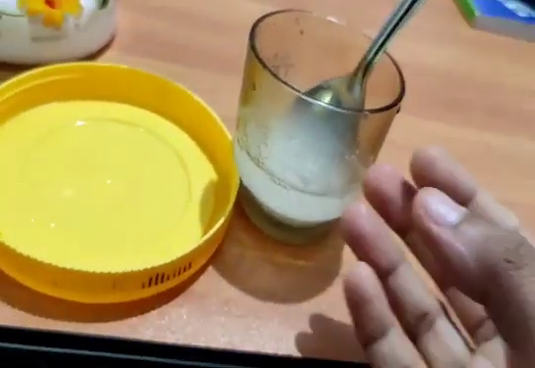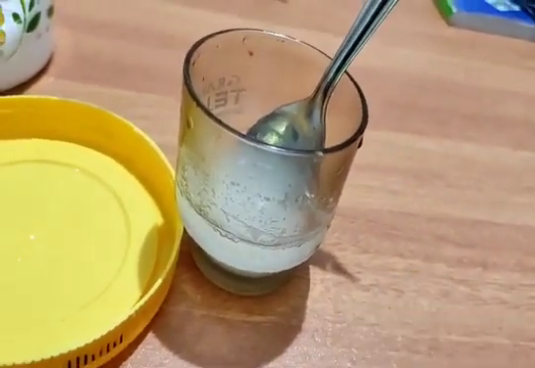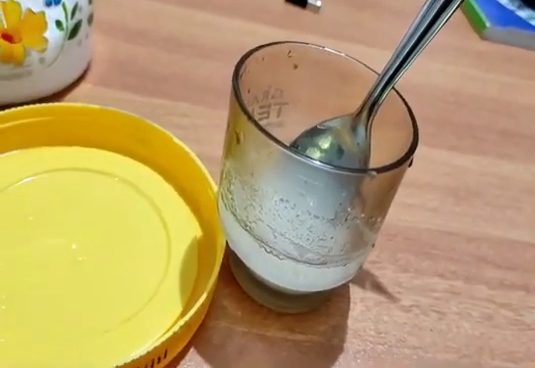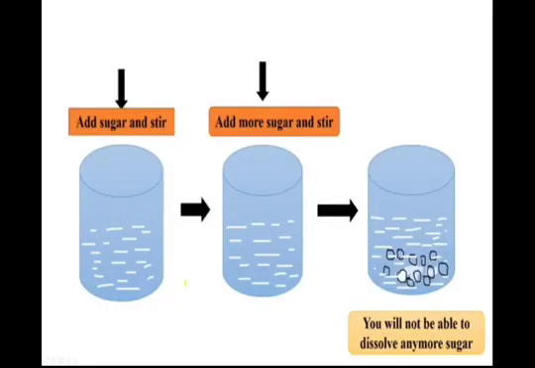But if you want to get the salt back, what do you have to do? You just heat the solution. At that time the salt can be separated. Look at here. I'm going to tell you one interesting fact. In a beaker, you have water and add 2-3 spoonfuls of sugar and stir it.